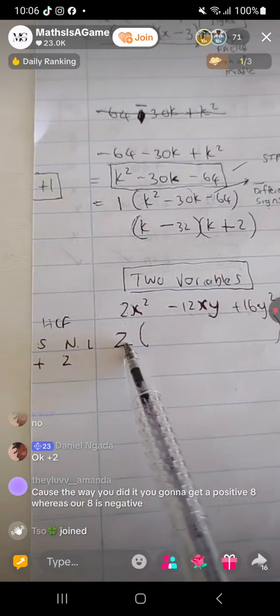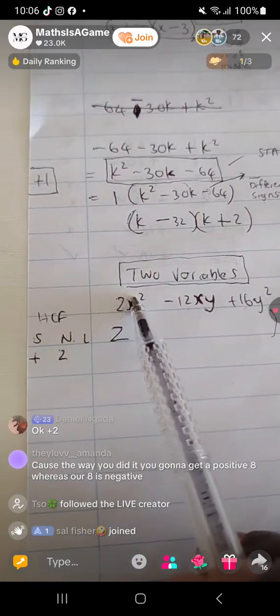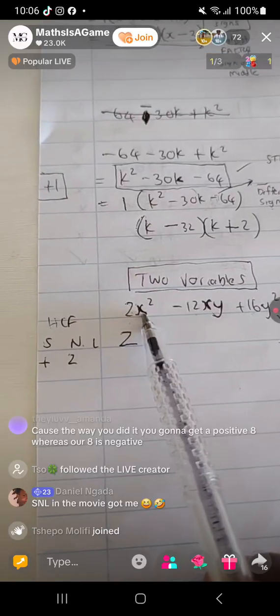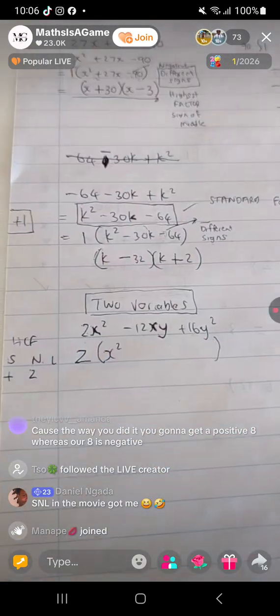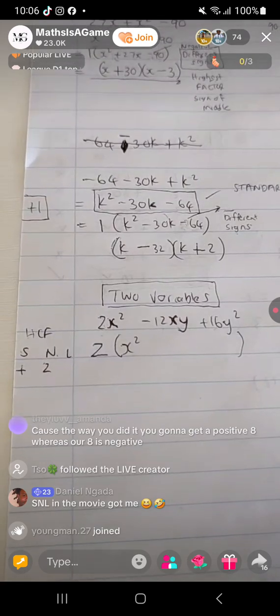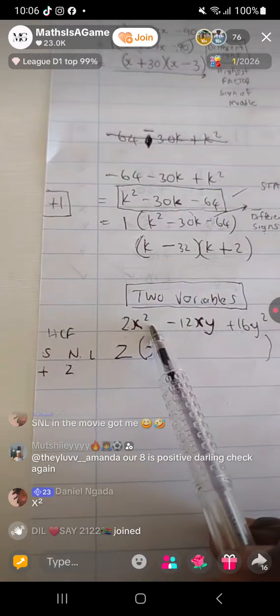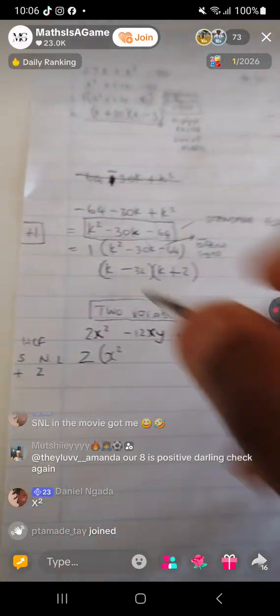So we take out 2 as the highest common factor. What is left in the place of the first term? If we took that 2 away, what's left over, guys? X squared. We are left with x squared as our first term, because 2 times x squared, we get that back. A positive times what gives you a negative?